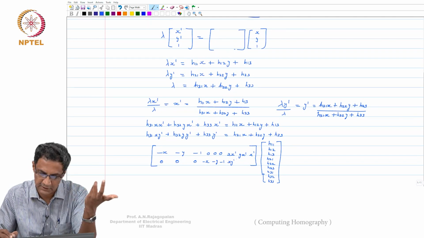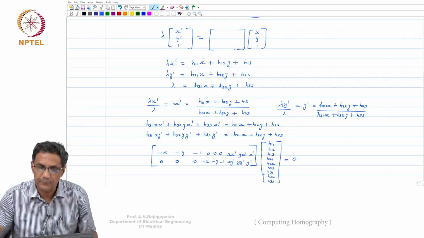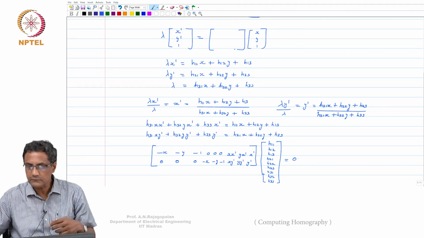These are all coordinates that you are multiplying. This whole thing is equal to 0, correct?